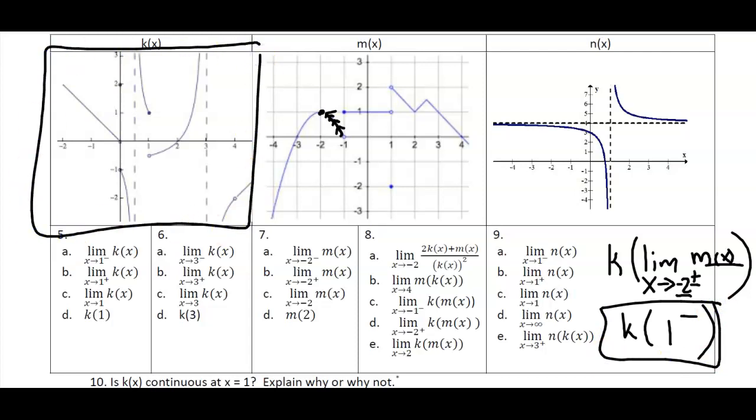So I'm approaching an x value of 1 from values of x that are less than 1. And whenever you're talking about less than on the x-axis, that's from the left. So I'm approaching 1 from the left on the k function. So here's my value of 1, and I'm approaching it from the left, and I land at a y value there of a positive 1.